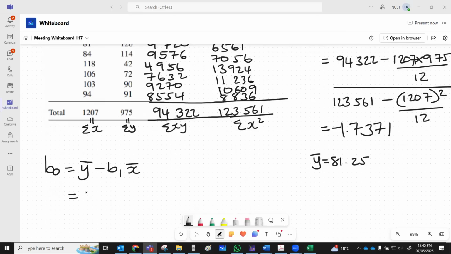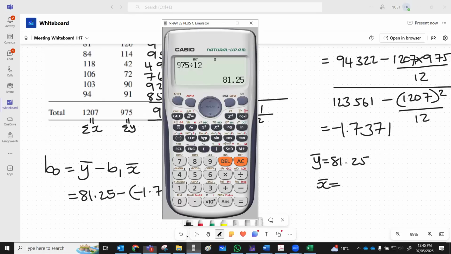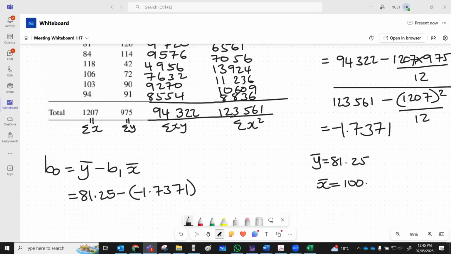So we then substitute here: 81.25 minus negative 1.7371. And then our x bar is the total of all the x's divided by 12. So 1207 divided by 12 gives us 100.5833 and so on.